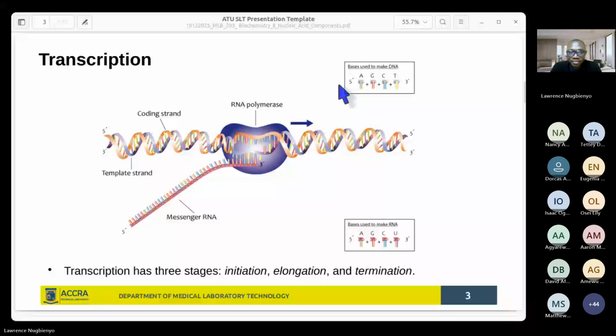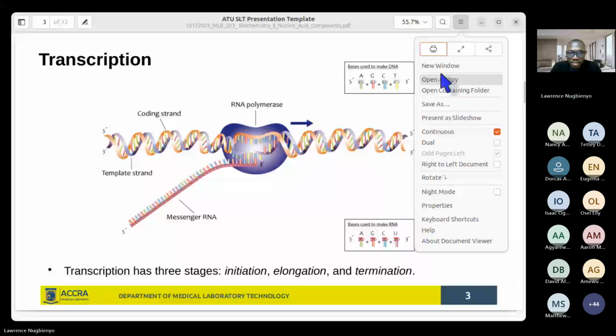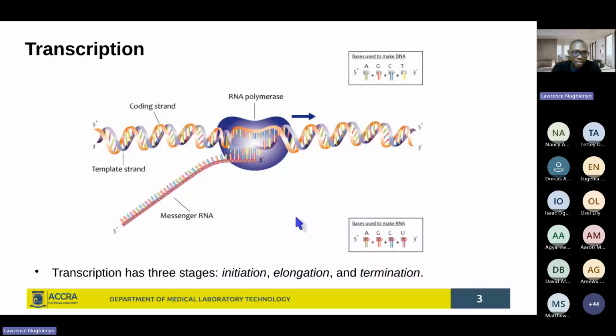So we see the process, first of all, starts with the opening up of the DNA molecule, because a particular fragment, which is a gene coding for a particular protein, has to be activated, opened up, and exposed so that that information can be copied onto a messenger RNA.